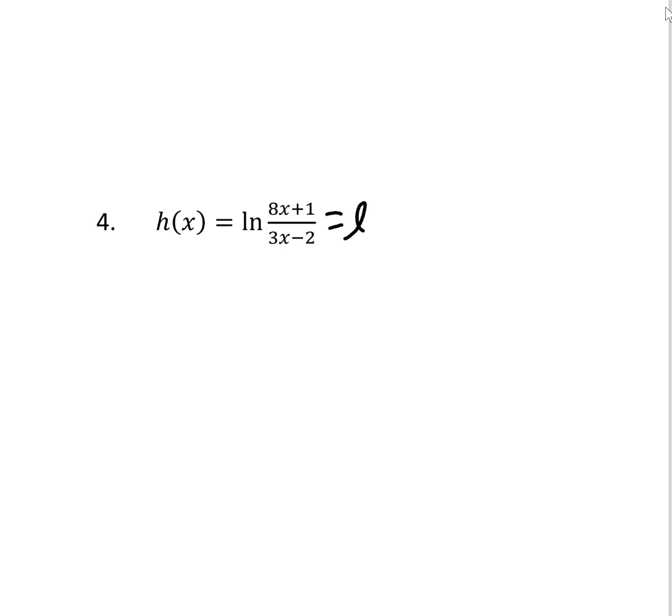So instead, I'm going to say this is natural log of 8x plus 1 minus the natural log of 3x minus 2. So yes, I'm being picky. Yes, I'm deciding when should I use the rules for expansion and when don't I? Well, I expand it if it makes my work easier, and I don't if it looks too hard or if it's not needed. So this time, I don't want to have to do the quotient rule when I'm doing the derivative, so I expand it instead.